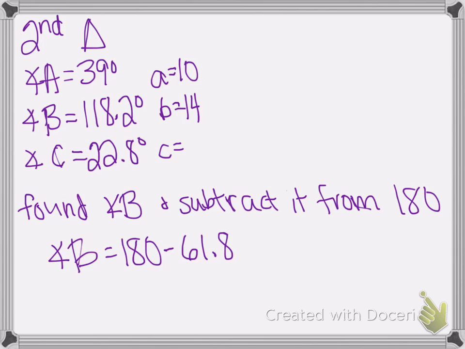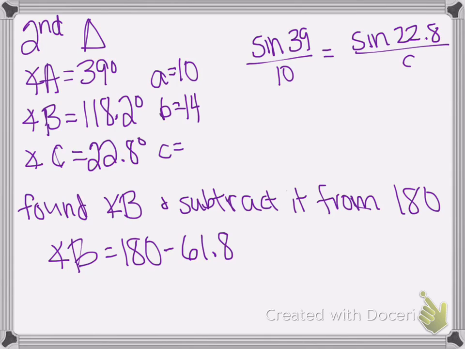Then I set up that the sine of 39 over 10 is going to equal the sine of 22.8 over C. So I get that my C is 6.2. So there are my two triangles and how to find both of them.